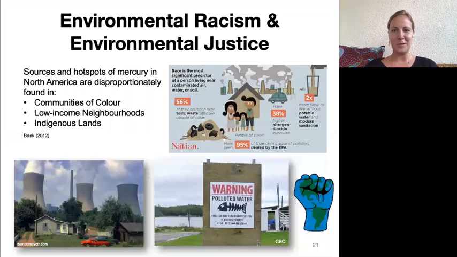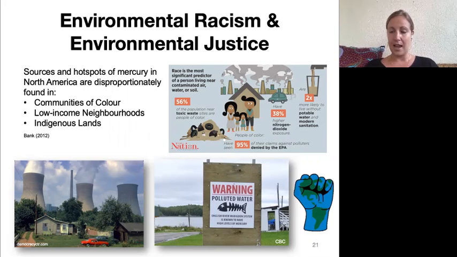For many communities, exposure to mercury through fish consumption is an exemplary case of environmental racism. Groups that rely upon fishing for food, cultural identity, spiritual well-being, or economic prosperity are more vulnerable to mercury pollution.